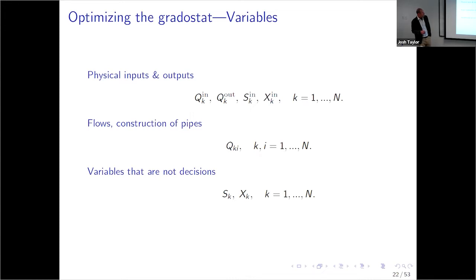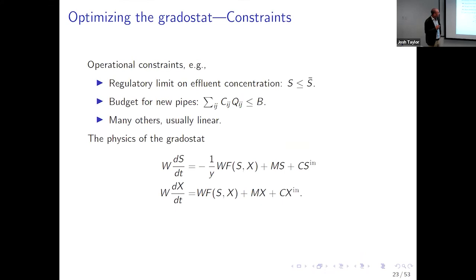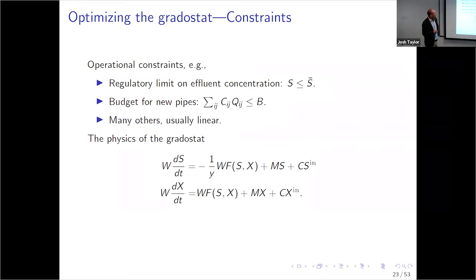And then, again, this is for a very non-optimization audience, we have some physical variables that we don't have direct control over as engineers, but that depend on the other decisions. And so they're also variables in the problem. And finally, we might have a whole bunch of operational constraints, such as budget for new pipes, limits on outflow concentrations. These are typically linear.